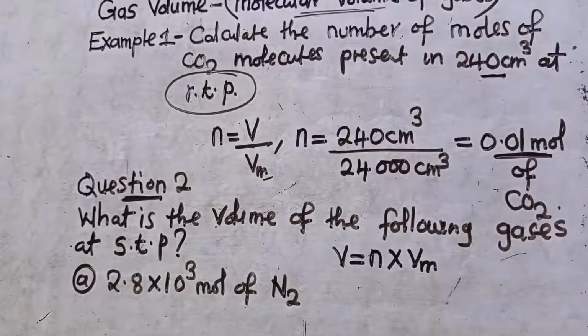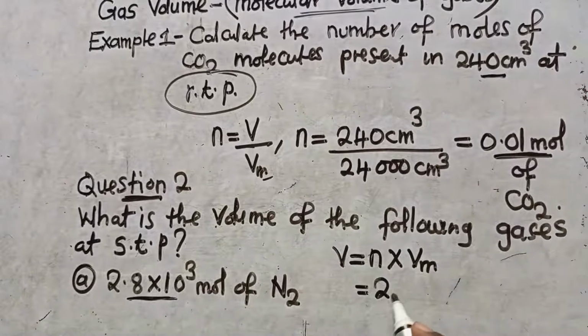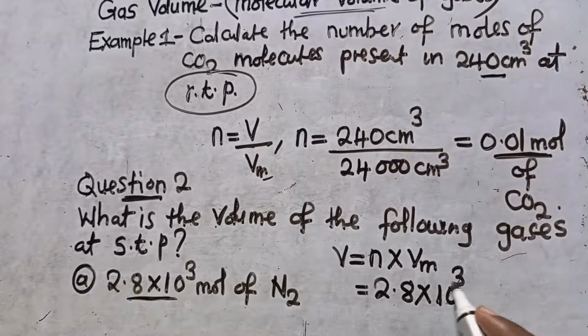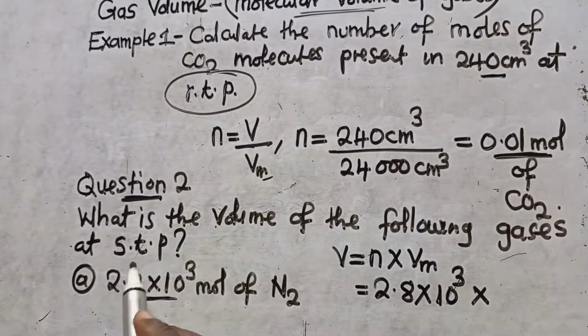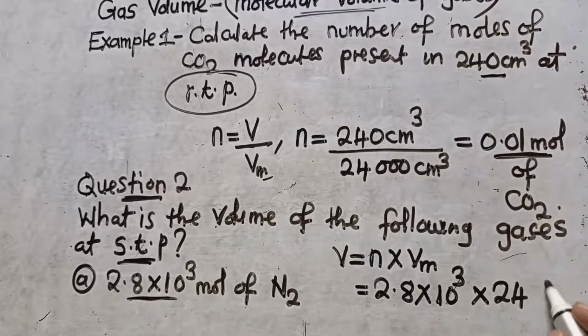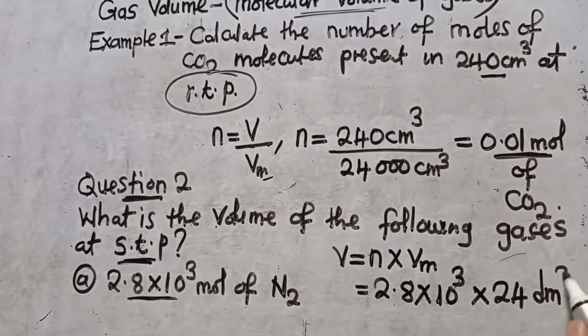This is the formula. Number of moles is this one, no need of panicking: 2.8 times 10 to the power 3 multiplied by molar volume. At RTP, the standard one that you are supposed to use is 24 dm cubed.